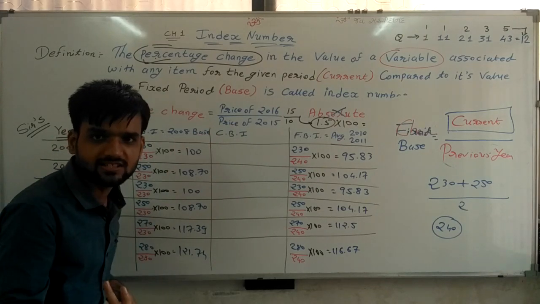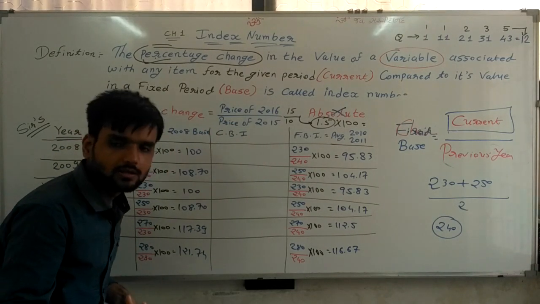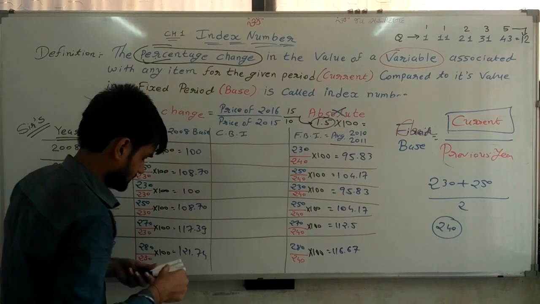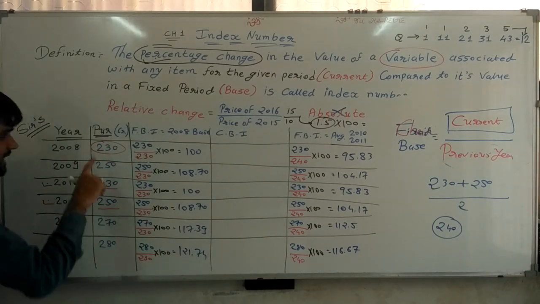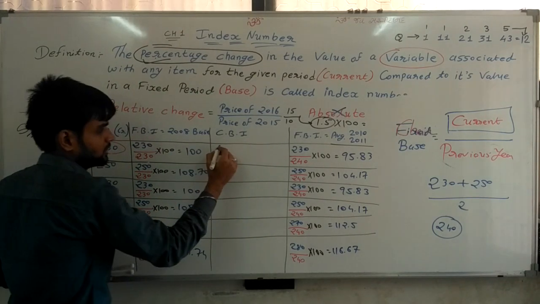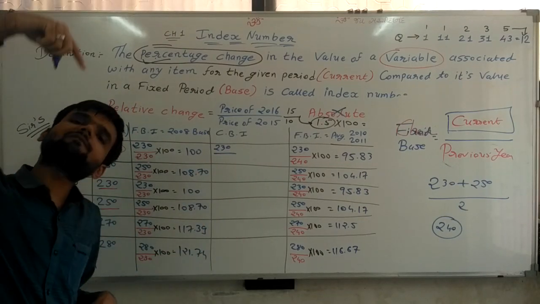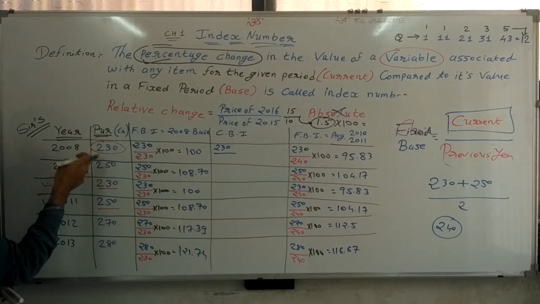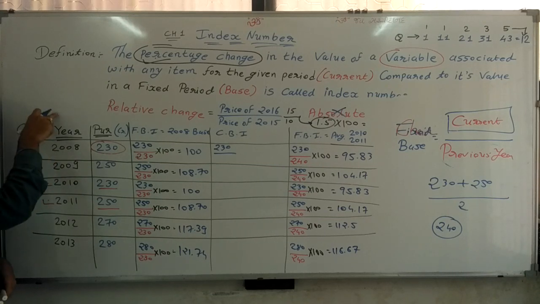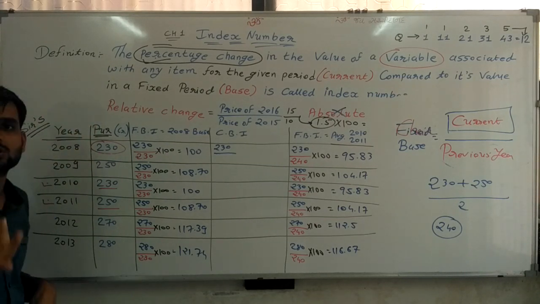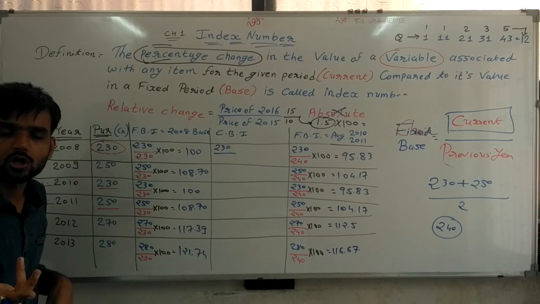So how are we finding chain base index number? See, current year information 230 as it is, divided by previous year information. Sir, previous year of 2008 is 2007, there is no information about it. What are we doing?